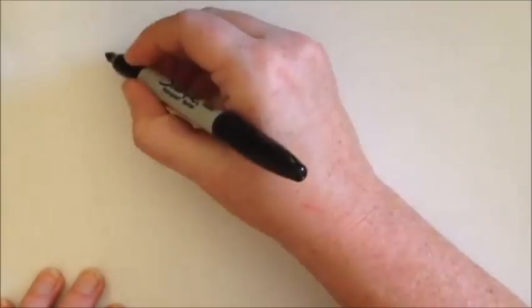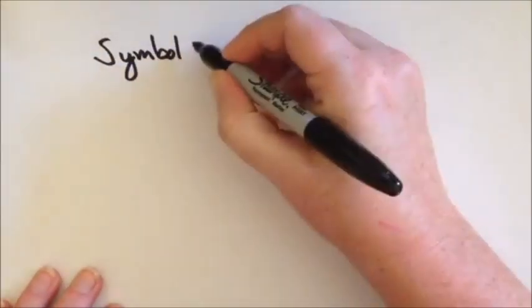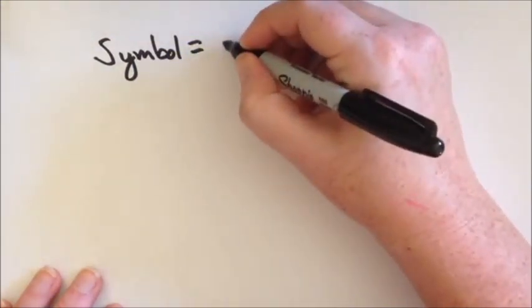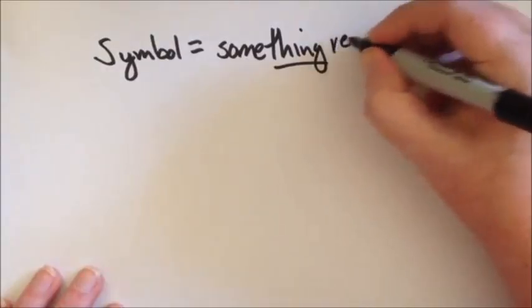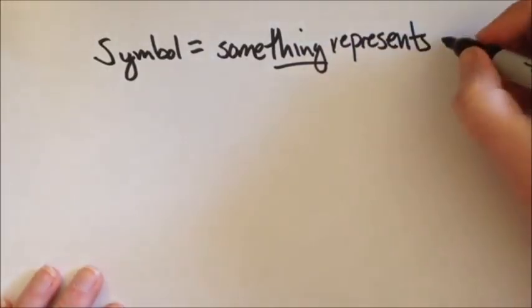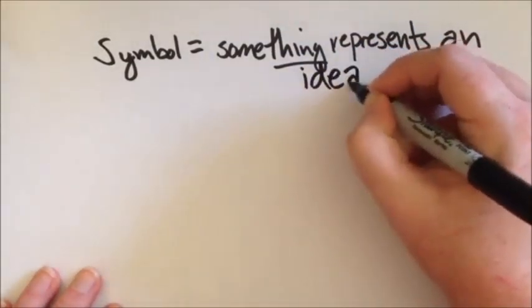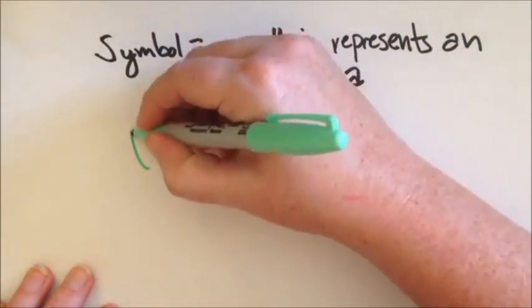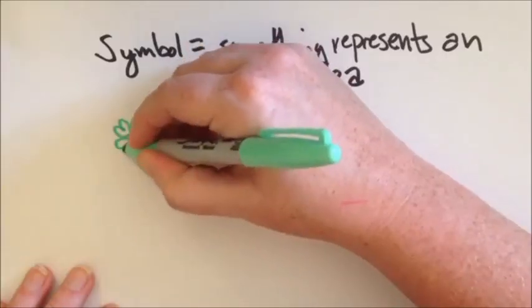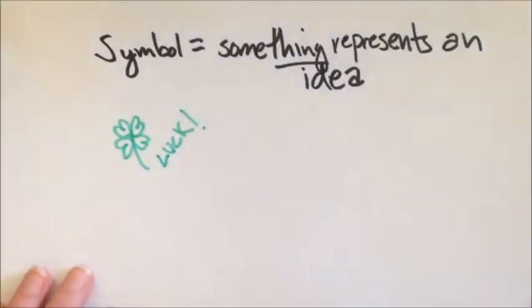So once we have those objects done, the next day I come in and we discuss a lot of different definitions of what a symbol is. We end up coming up with some kind of definition that usually comes out something like something representing an idea, basically a concrete thing that represents an abstract thing. So then I start showing universal symbols. Oh, what's a four-leaf clover?